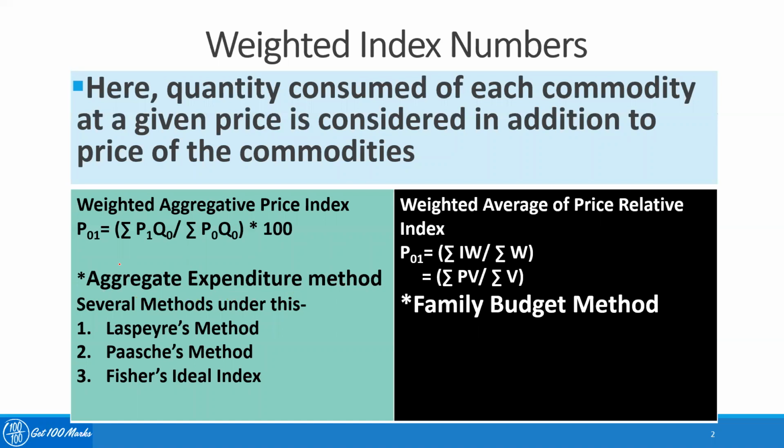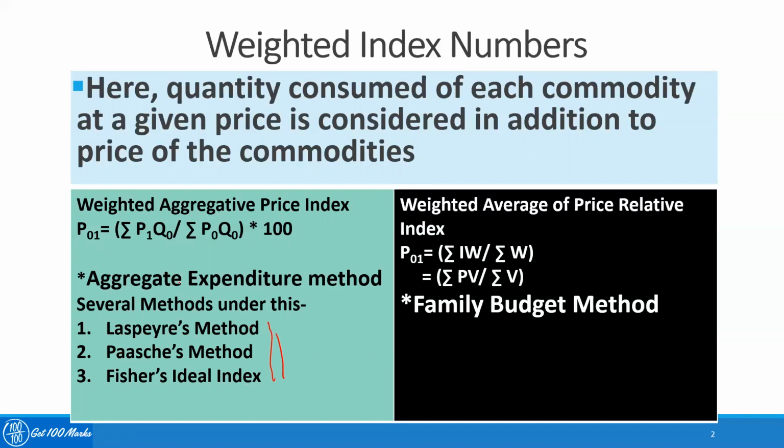There are several methods which come under the weighted aggregative price index method: the Laspeyres method, the Paasche method, and Fisher's ideal index method. I will discuss all these methods in my subsequent video, and especially while discussing Fisher's ideal index, I'll give a brief about the Laspeyres and the Paasche method.